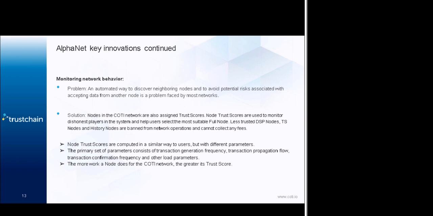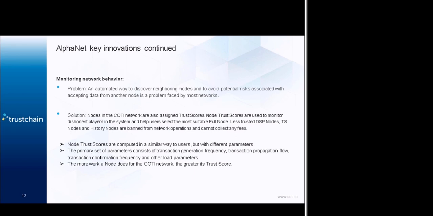Another very unique aspect of the Coty network is the ability to monitor network behavior in real time. In most systems, there is no way to efficiently detect bad players in the network. So in Coty, we have a monitoring layer which works by assigning trust scores also to nodes. Node trust scores are used to monitor dishonest players in the system and help users select the most suitable full nodes to connect to.